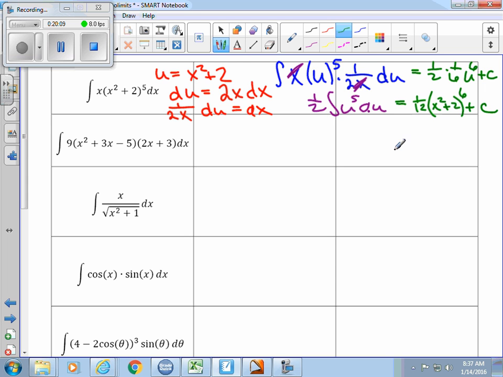You don't need du in that anymore. When you do the antiderivative, those always go away.